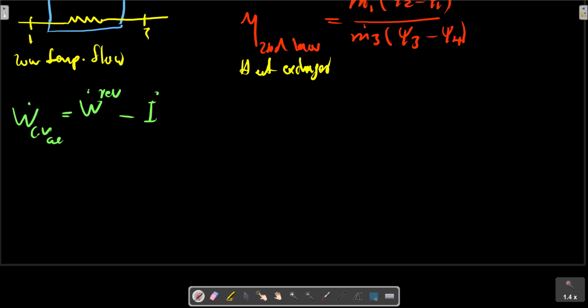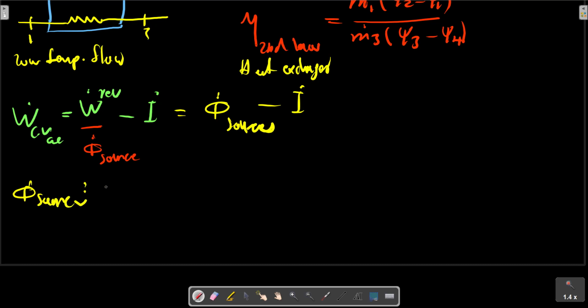In this case, W reversible equals V dot source minus the irreversibility of the system. In this equation, V dot source is the total rate of availability supplied from all sources.